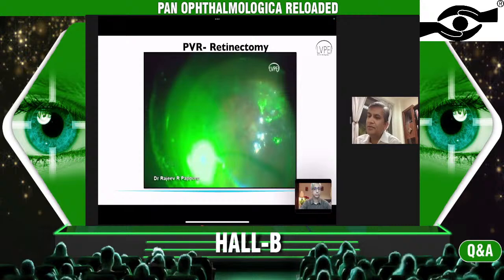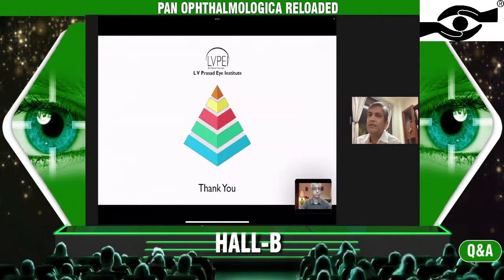Other than that, settling the retina, once you have done that, is quite simple. In short, tackling the membranes, releasing the contracted retina and putting the retina back in position are the main things which differentiate a proliferative retinopathy from a regular exudative detachment without proliferative retinopathy.